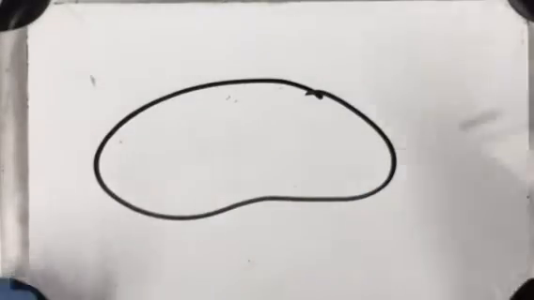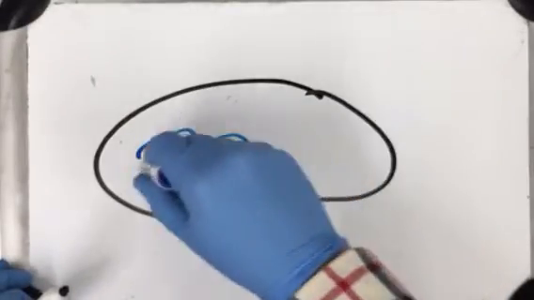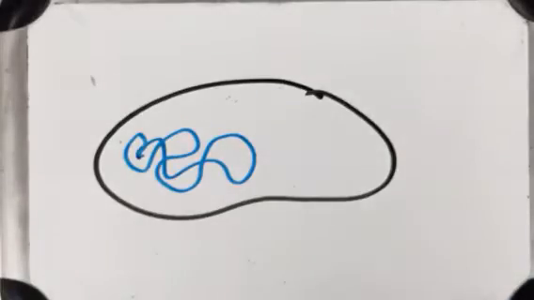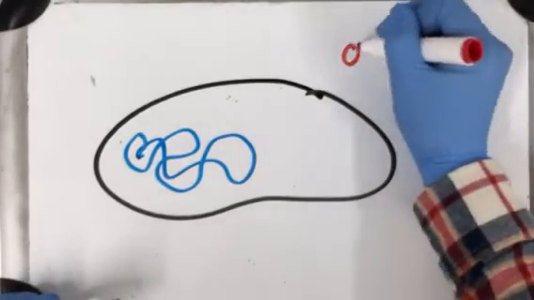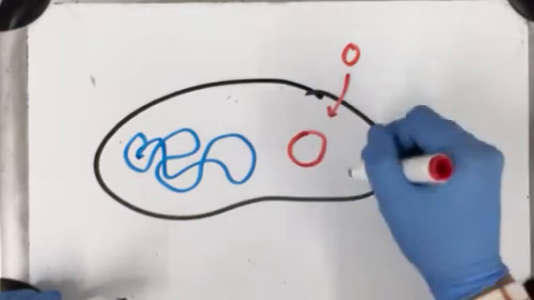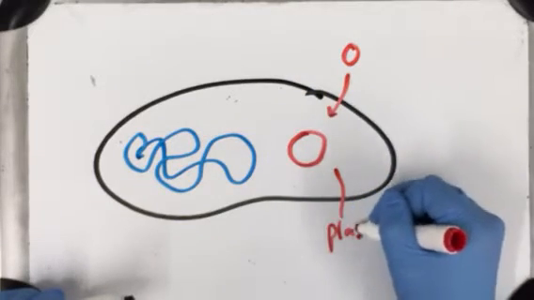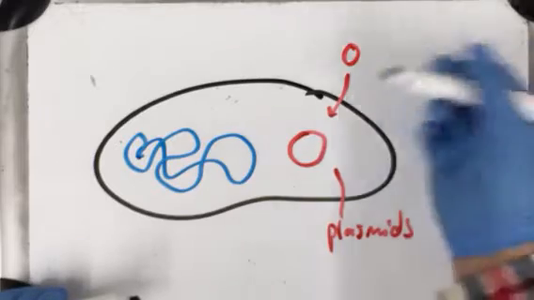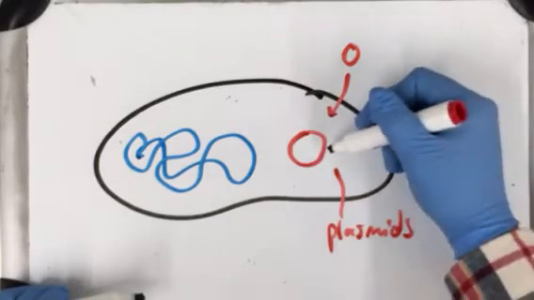So bacteria cells, remember that they have just like this big, long, circular DNA strand. One other thing that they can collect, even from the outside, is small circles of DNA called plasmids. And these can contain any number of genes. These can be antibiotic resistant.